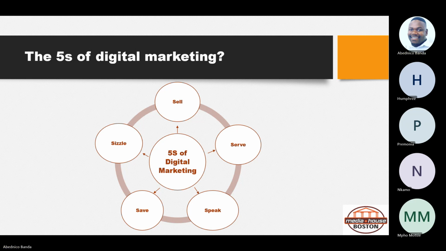Is this campaign going to sell, to make sales? Because if you are not making sales, then it means that you're not going to generate revenue. So the digital marketing campaign, one way or the other, has to sell. Then another is that it has to serve, as in serving the customers.